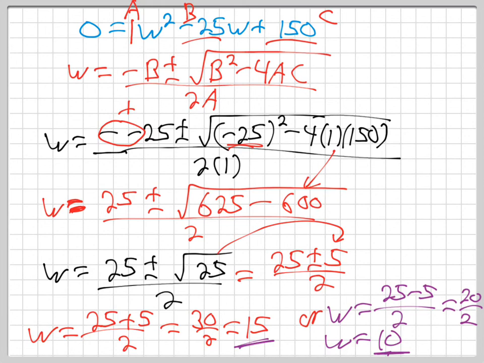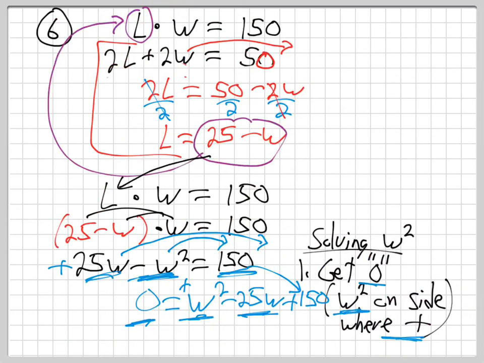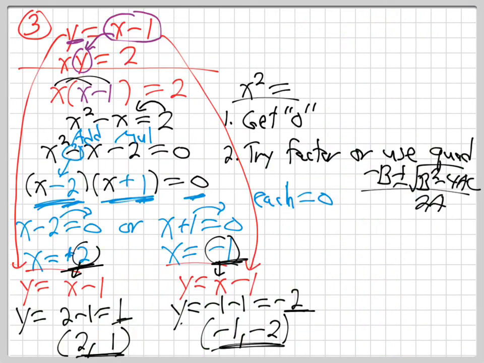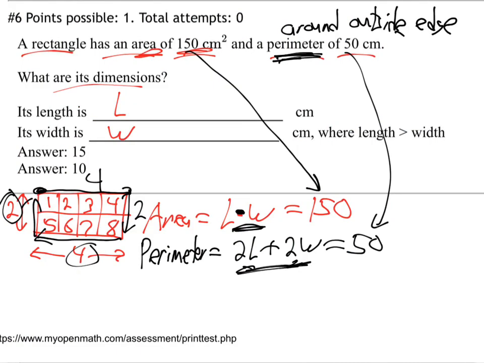Now, if you look back to the problem, W is either 15 or 10, and then the length is the other one. In general, it doesn't matter which one you call length and width, but notice what they said on this problem back here. They said they want the length to be greater than the width. So the two answers are 15 and 10.